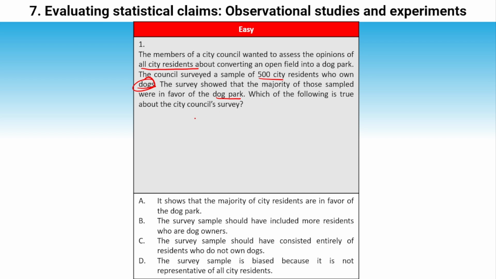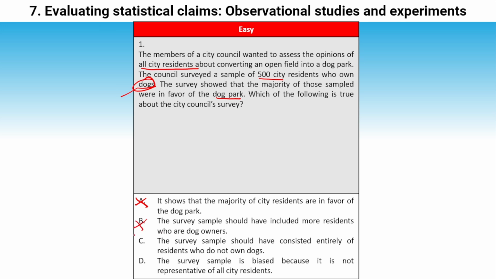Which of the following is true about the city council's survey? It shows that the majority of city residents are in favor of the dog park. Not the majority, right? Why not? Because they surveyed only dog owners, not all city residents. The survey sample should have included more residents who are dog owners.